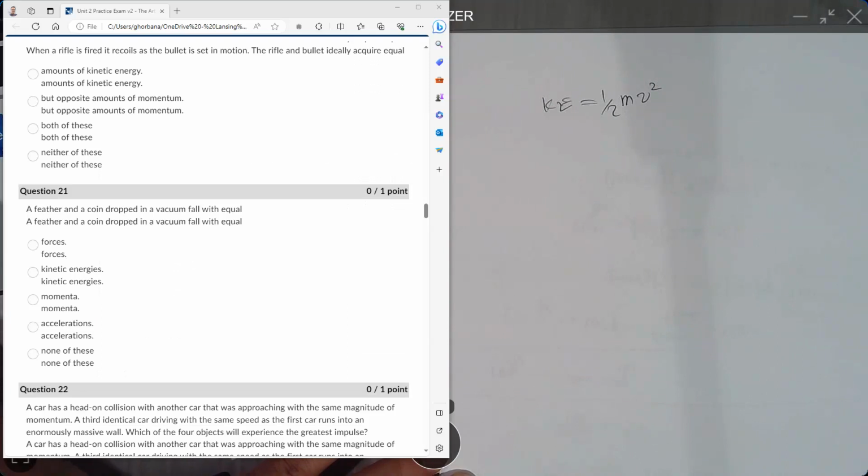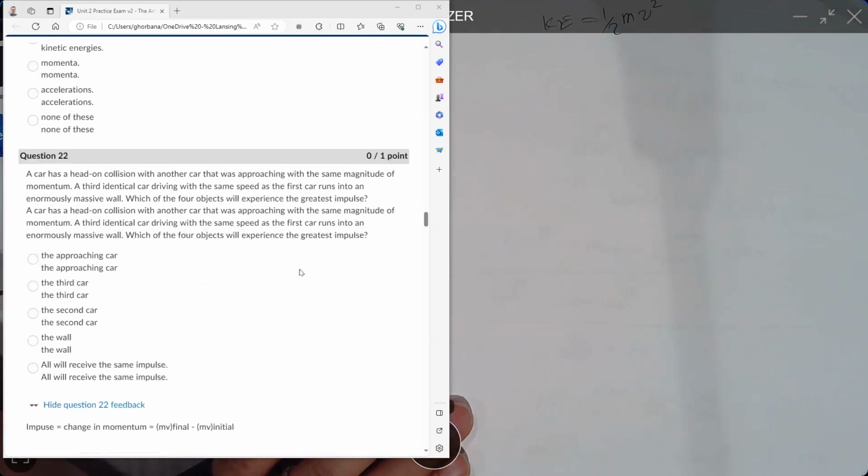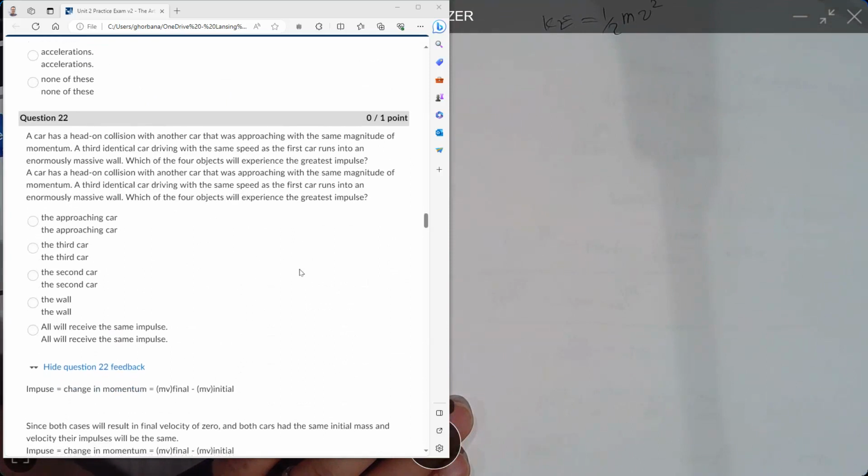Question number 22. A car has a head-on collision with another car that was approaching with the same magnitude of momentum. A third identical car driving with the same speed as the first car ran into an enormously massive wall.